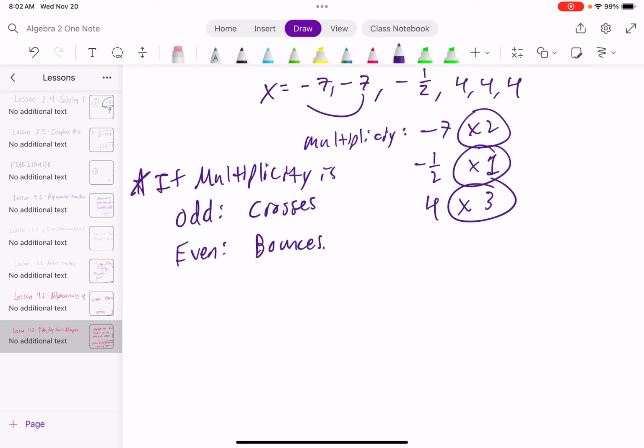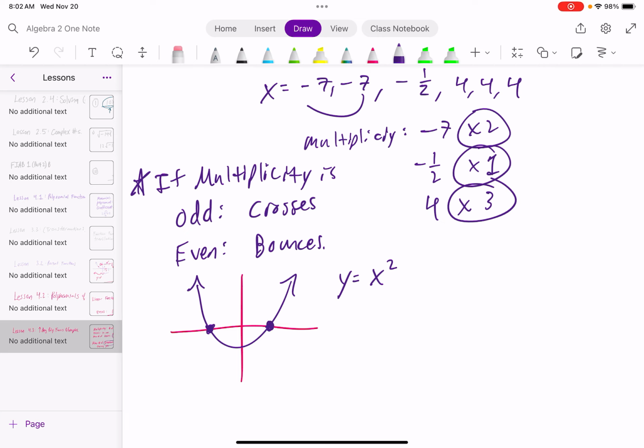I'll give you an example. Let's say that your graph looks like this. Well, you know that this is something along the terms of y is x squared, right?